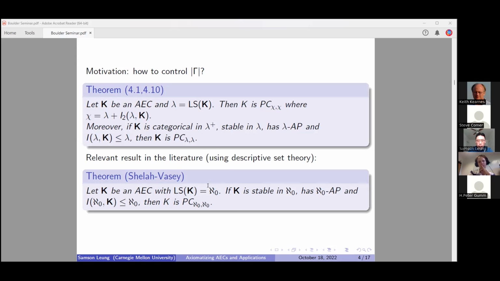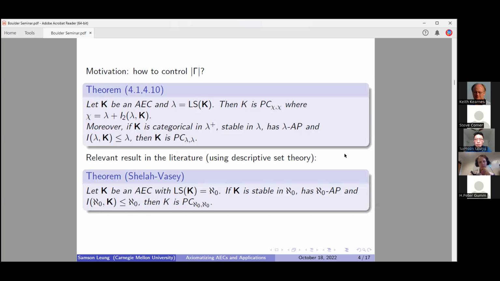And now you can try to compare the result with my statement above. They're basically the same, but my result assumes an extra condition, which is categoricity in lambda plus. And everything else, you can just substitute lambda equals aleph naught. And then they conclude that K is PC aleph naught.